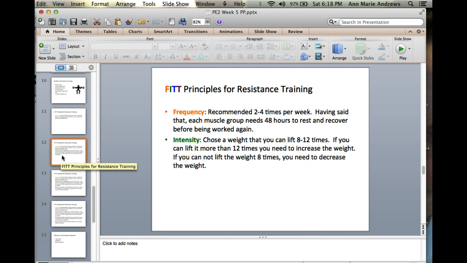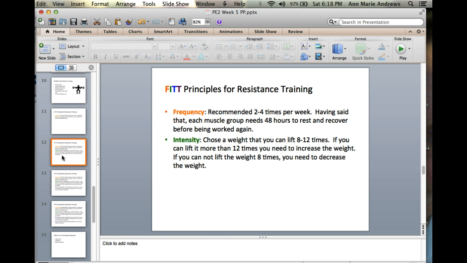Okay, intensity. So you want to choose a weight that you can lift 8 to 12 times. If you can lift it more than 12 times, you need to increase the weight because it's too light. If you cannot lift the weight 8 times, then you need to decrease the weight because it's too heavy. Unless you're into powerlifting, which is a whole different thing, and then you're doing more like 5 to 8 reps.